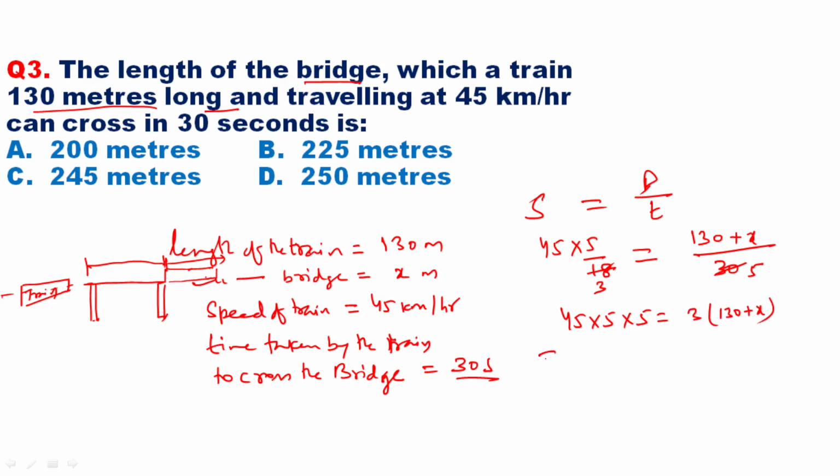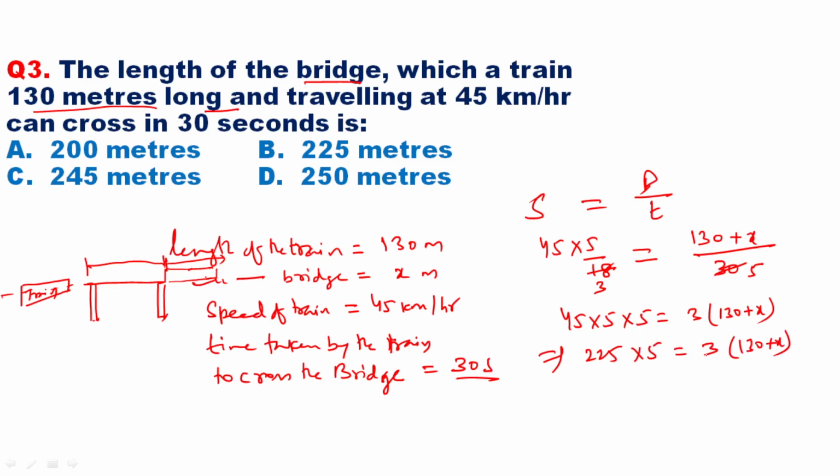So let us solve it. 45 into 5 is 225, into 5 again, and this side 3 into 130 plus x.